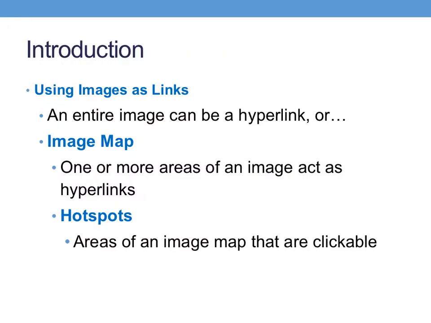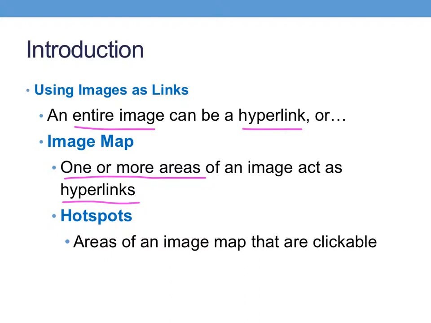So in previous lessons, we talked about using images as links, and we can use an entire image as a link and just hyperlink that one image to one location. But what we can also do is use something called an image map, and as I told you on the previous slide, that has one or more areas of an image that act as a hyperlink.